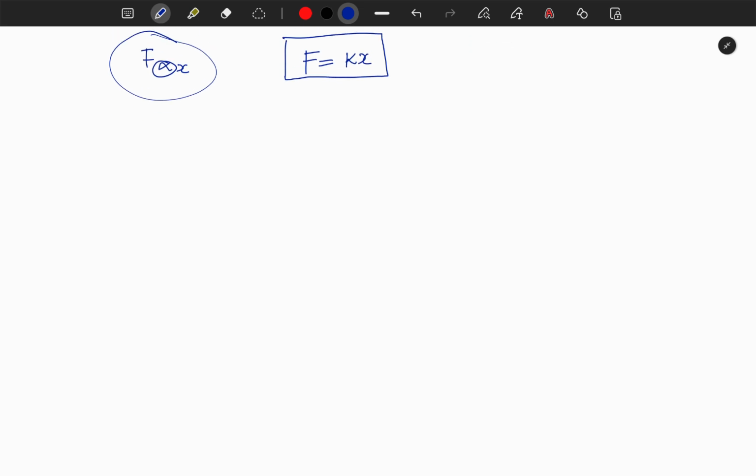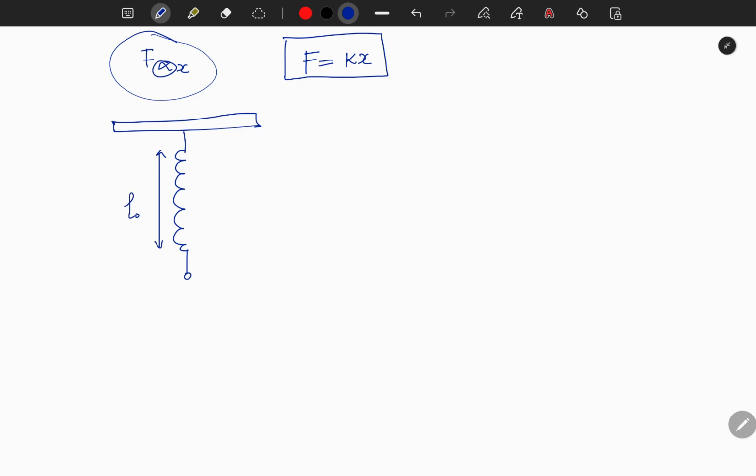Let me give you a scenario. Let's say you have a spring. This is the original length without attaching anything to it. Let's call it L0.